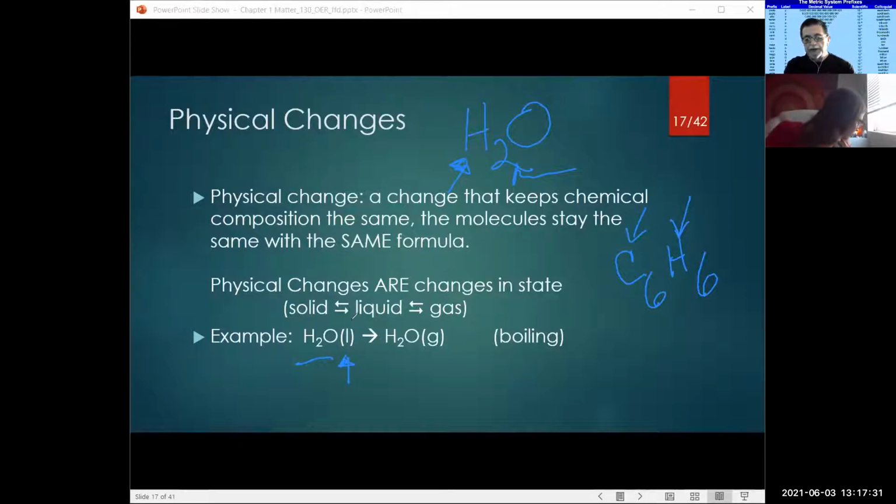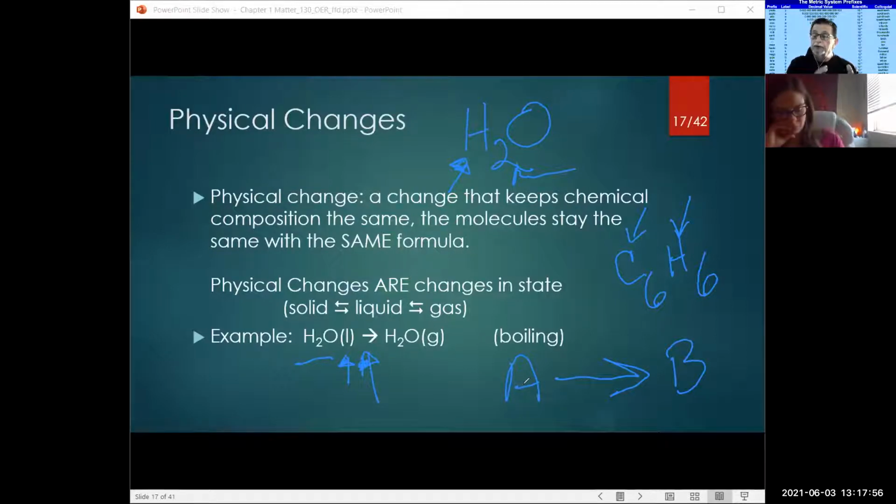And so we see here, the other aspect to see is we have an arrow. See that arrow sitting there? That arrow tells you there is a process here, be it a physical process or a chemical reaction, okay? And so if you have A and then react, something happens to it, and we go to B, A is the reactant. To the left of the arrow is the reactant.